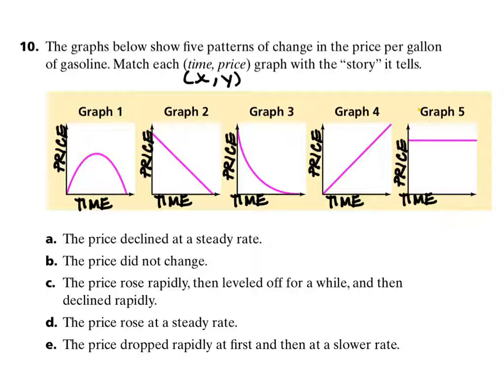So on this graph I've got time and price, and I have 5 different graphs that I need to match A through E. A says the price declined at a steady rate. So going a decline, I'm going to have the opportunity to use either graph 2 or graph 3.